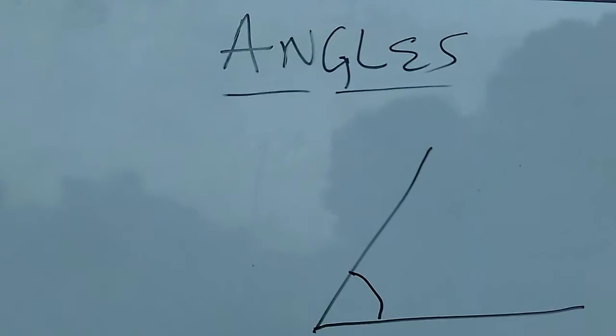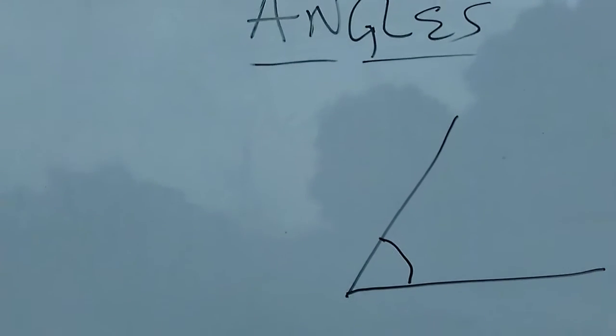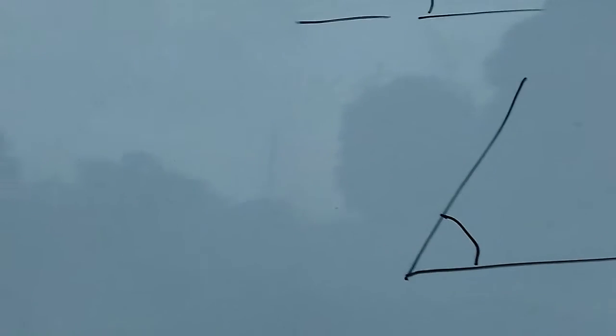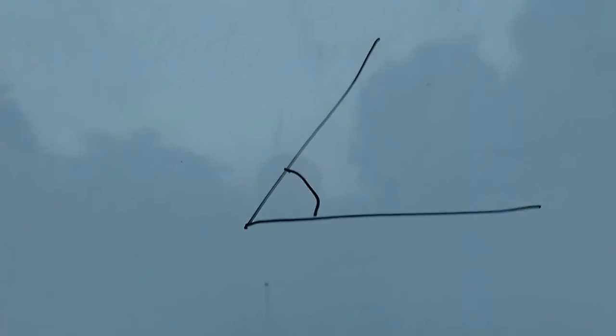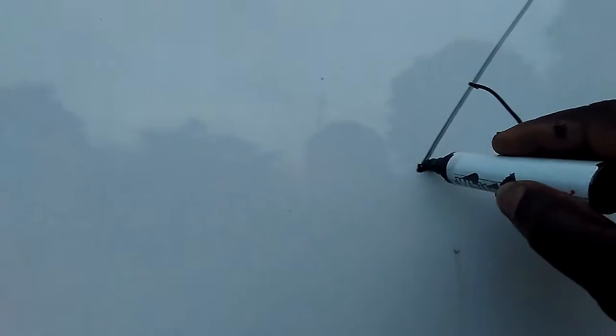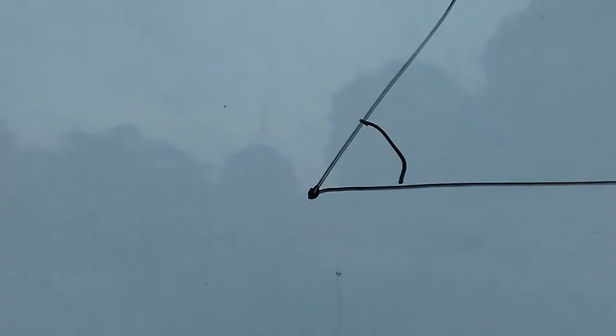So an angle is defined as the area that two lines meet, not the point. The point they meet is called the intersection point. But any area that two lines meet, an angle is formed.